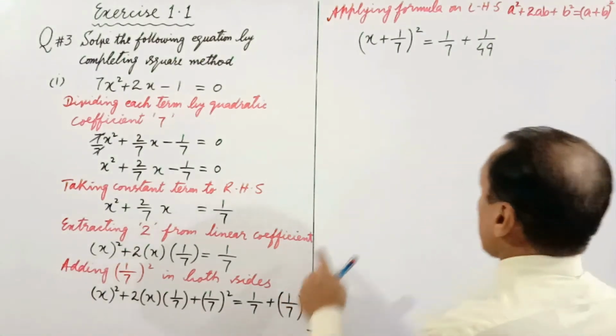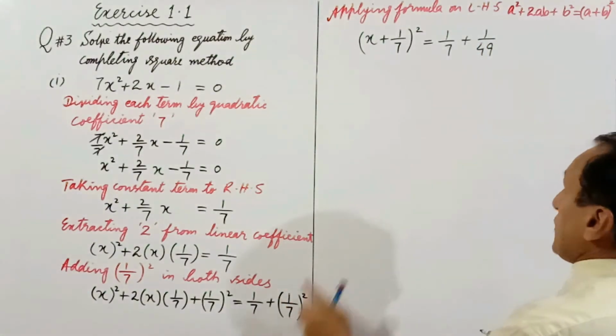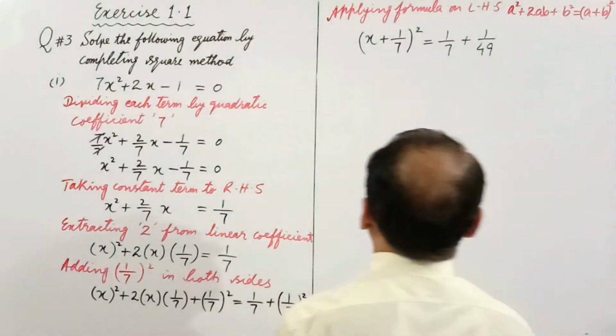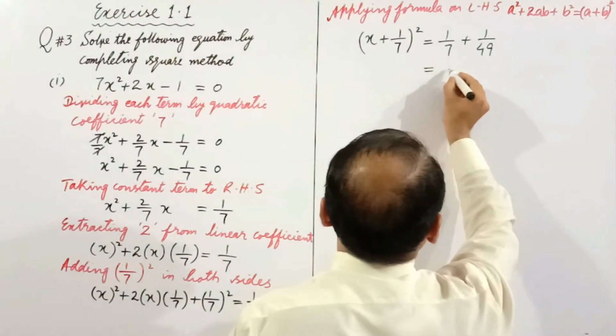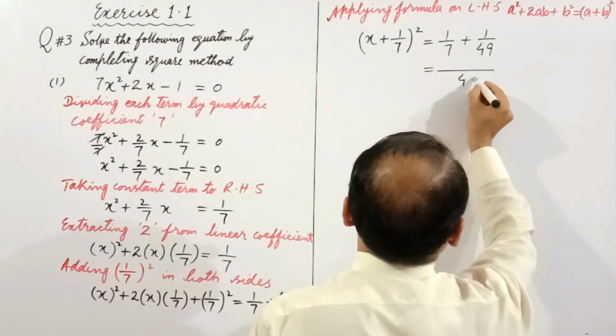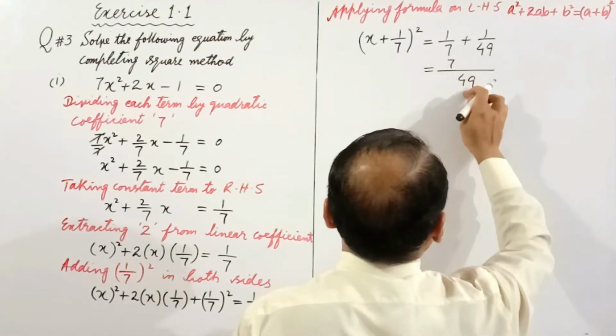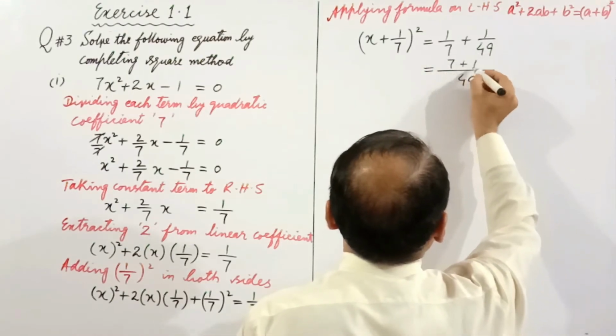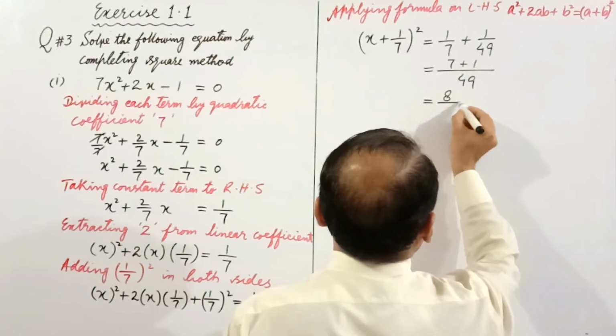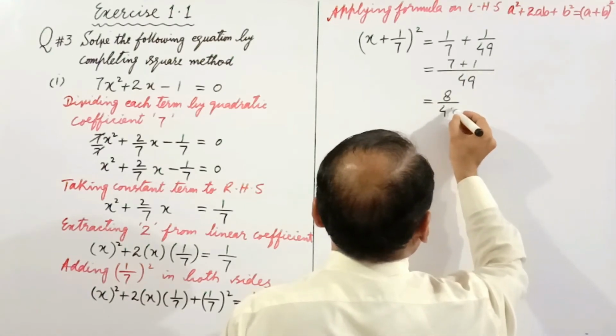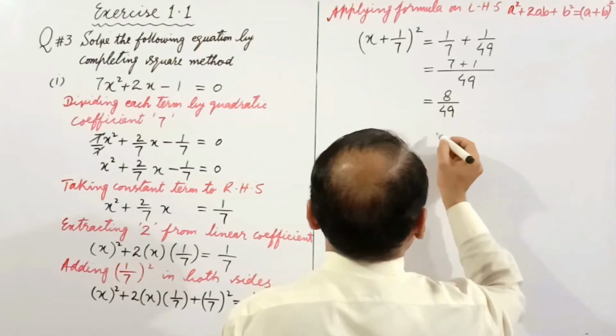The square of 1 is 1, whereas the square of 7 is 49 on the right hand side. We take the LCM on the right hand side, that is 49. 7 7s are 49, 7 1s are 7, 49 1s are 49, and 1 1 is 1. We have 8 over 49 by taking the LCM on the right hand side.